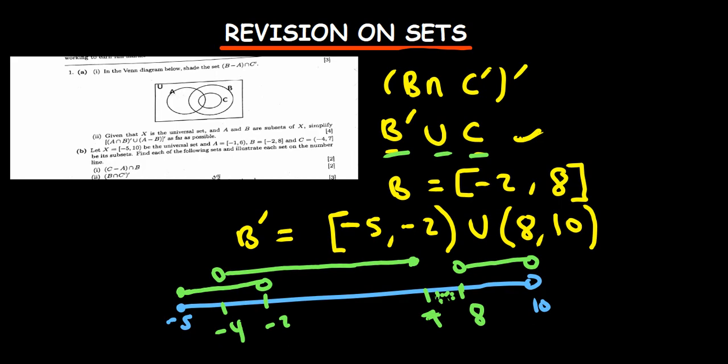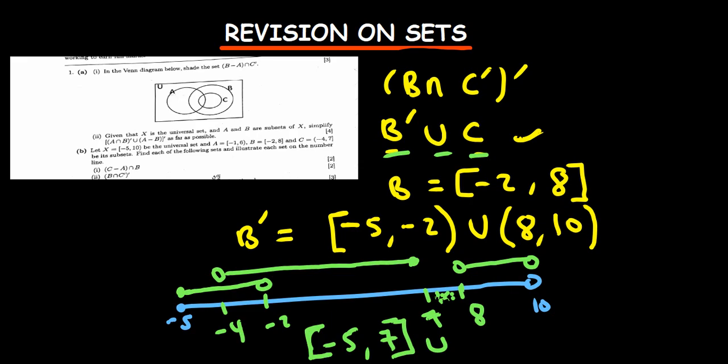So that will just be one part, which is negative 5. It will be closed at negative 5, up to 7, closed at 7. Then union, since here in between I don't know what these are, I can't just go all the way up to 10, since these are not part of any of the two sets.